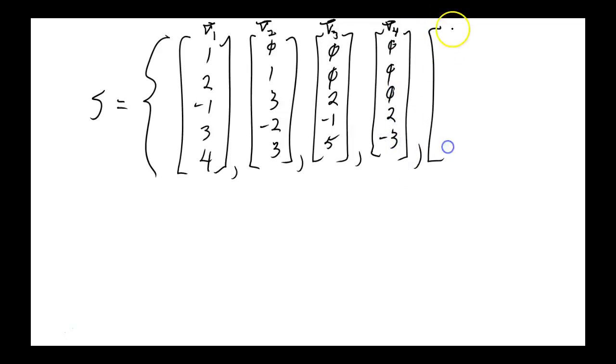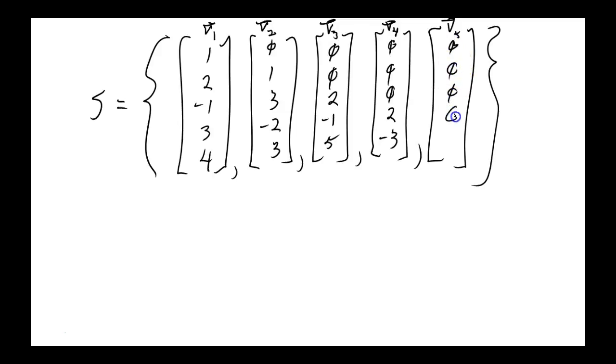And vector 5, or column matrix 5, is 0, 0, 0, 0, negative 2.